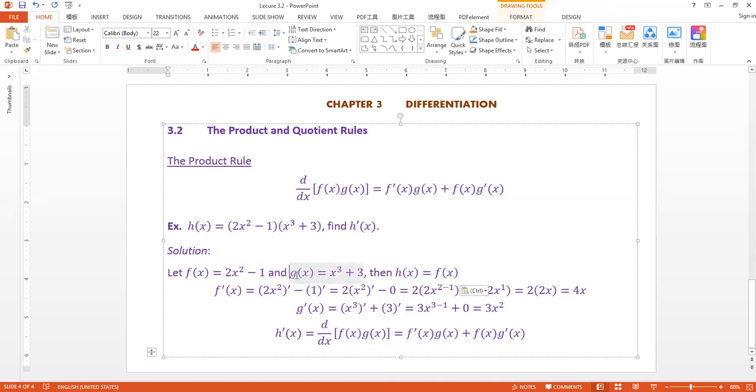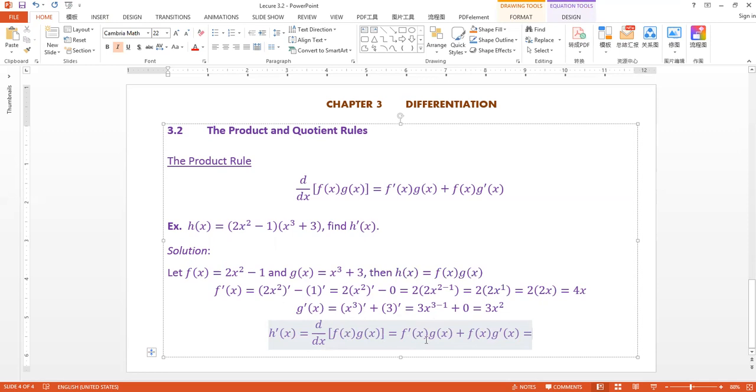So as we know, h is f times g. So then you use the product rule. The derivative of h is just the derivative of f times g plus f times the derivative of g. So we just write down everything. We already got f prime, the derivative of f, and g prime, the derivative of g.